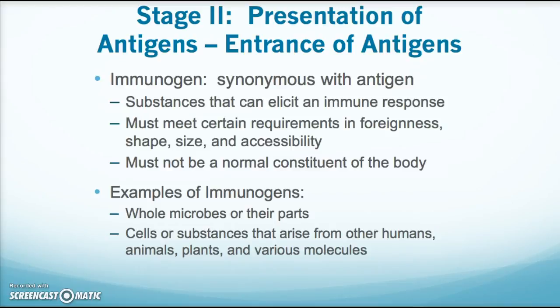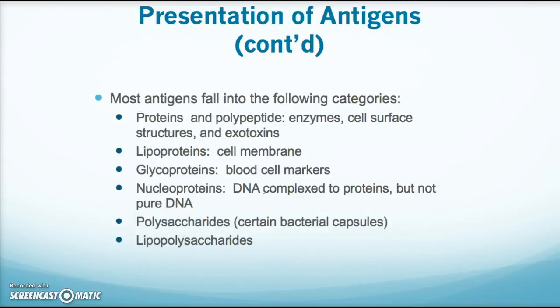So some examples that you might see as immunogens would be whole microbes or their parts, so bacteria or viruses, either the whole microbe or maybe pieces of it. Also, any cells or substances that came from perhaps other humans, animals, plants, or maybe some sort of a toxin, so various molecules. Most antigens, though, will fall into one of the following categories.